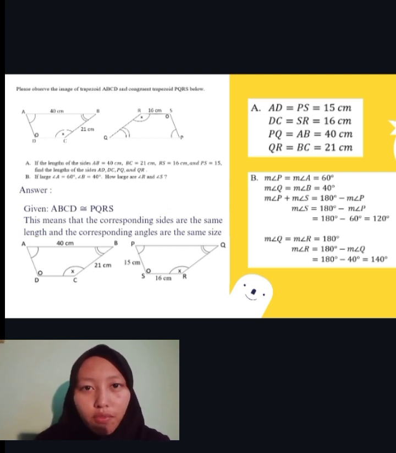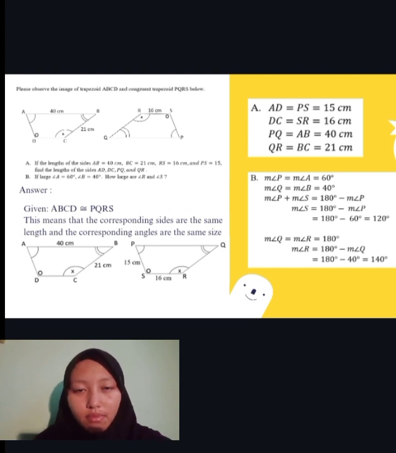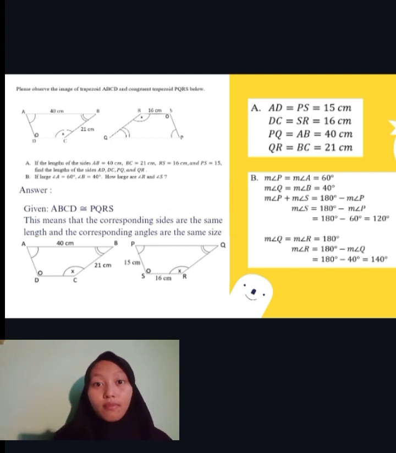We start from the side length AD, and if we look at the position, the side AD corresponds to the position of PS. So we can write that AD is the same as PS, and PS in the question is 15 centimeters long, so the length of side AD is equal to 15 centimeters.